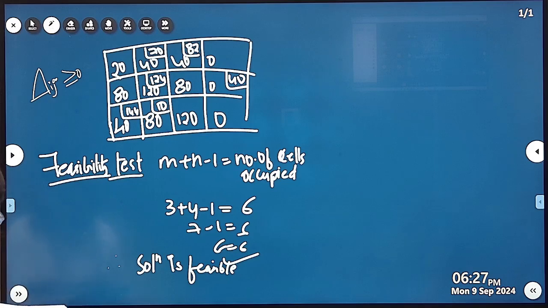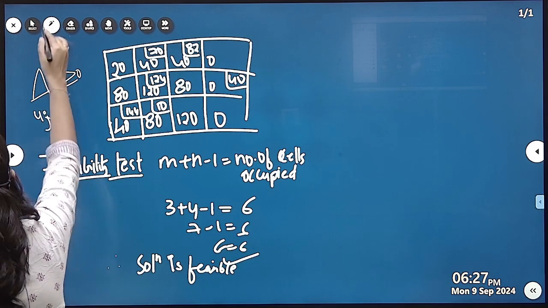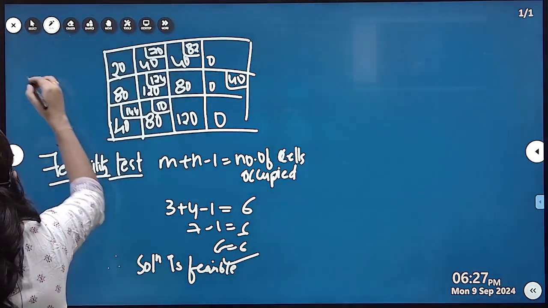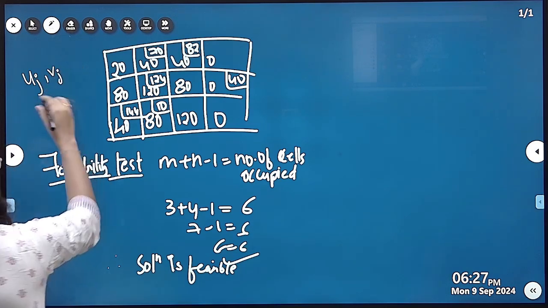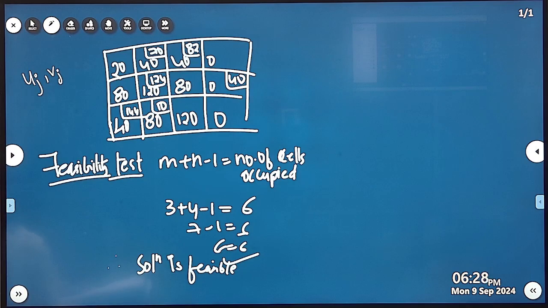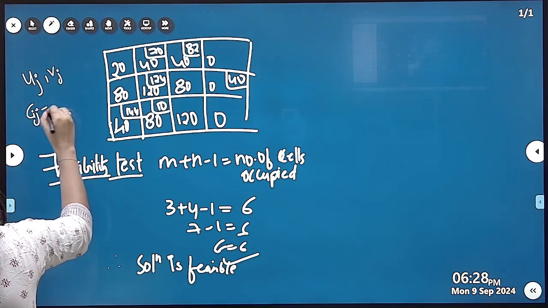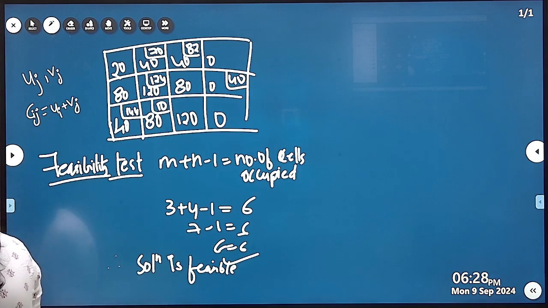Calculate uj comma vj for all allocated cells with the help of the relation Cij is equal to ui plus vj.